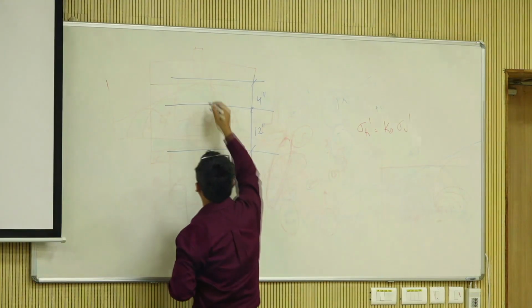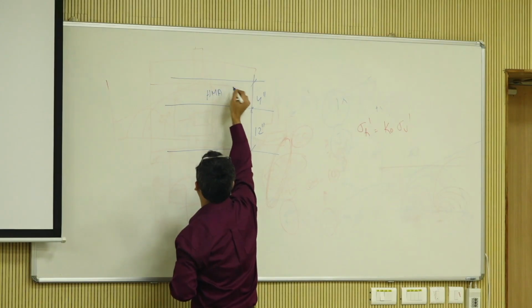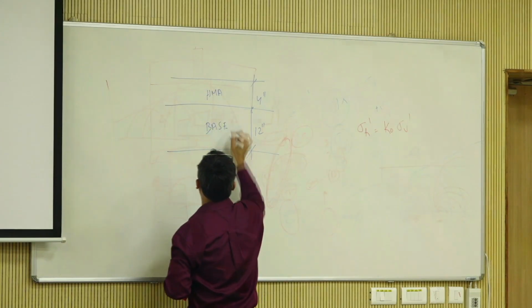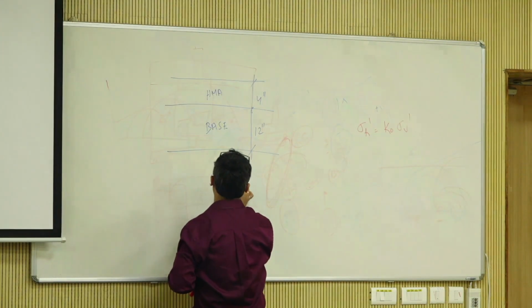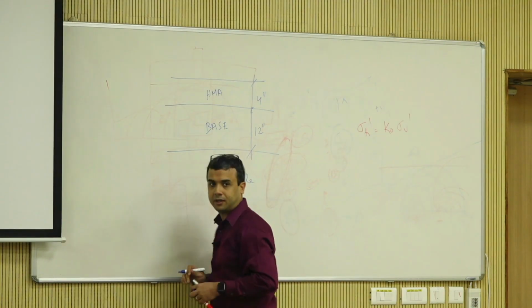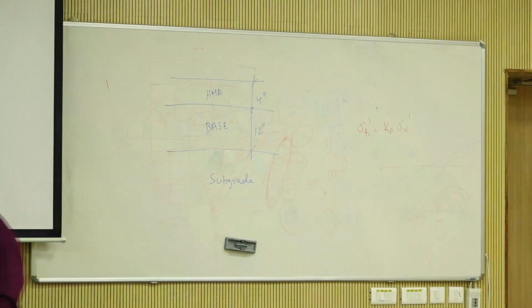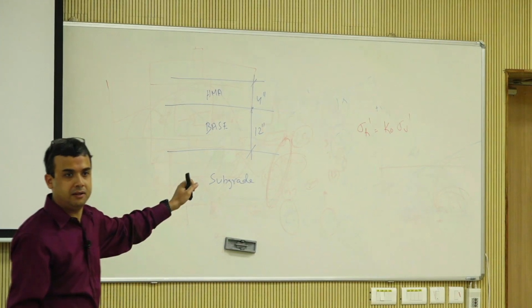This is hot mix asphalt, 4-inch, this is aggregate base, 12 inches, and we're going to put a subgrade here. We are going to calculate whether the unconfined compressive strength test is representative of us trying to characterize this subgrade.